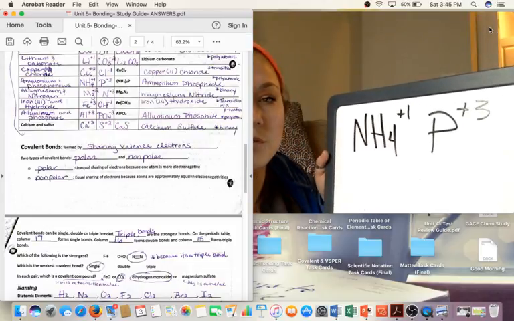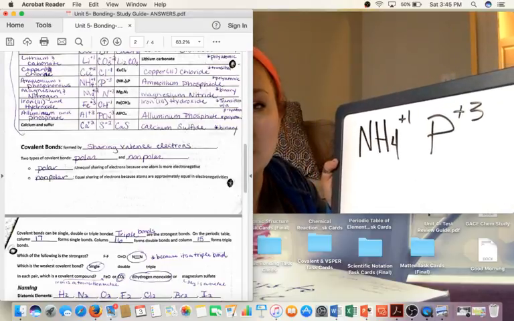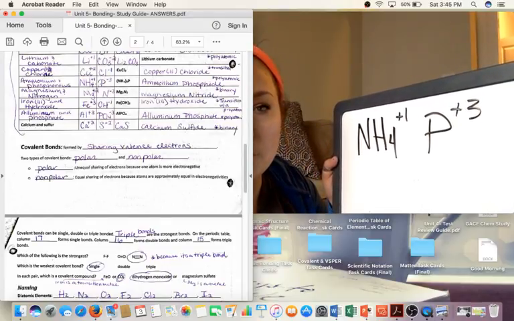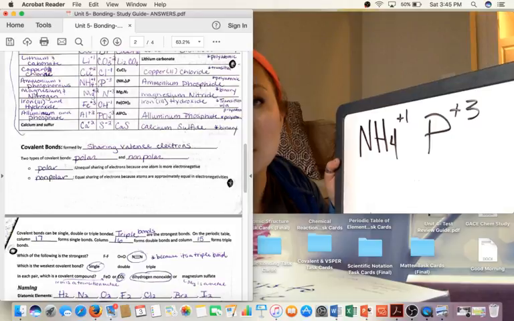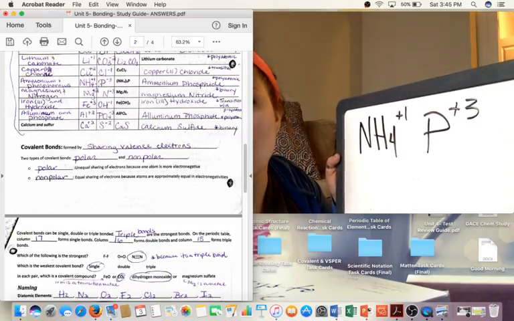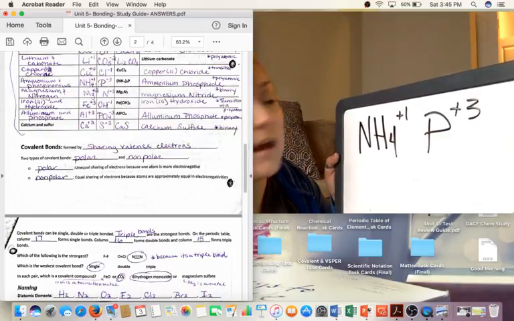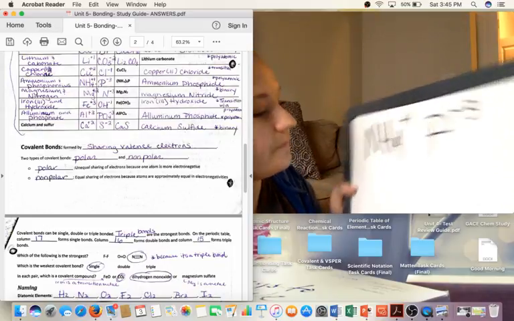All you had to do for the different charges was look at the back of the periodic table. You know that ammonium is involved and phosphorus is involved. Ammonium you can find in household cleaning products such as oven cleaner and other things like that. It is highly reactive with bleach.